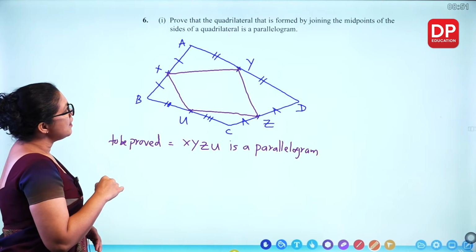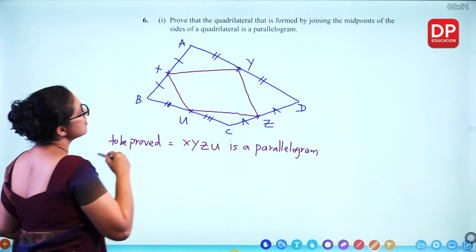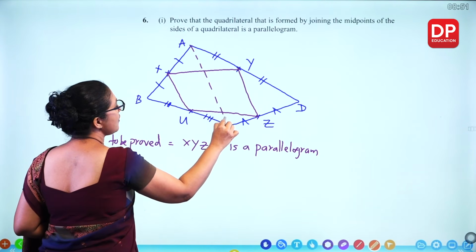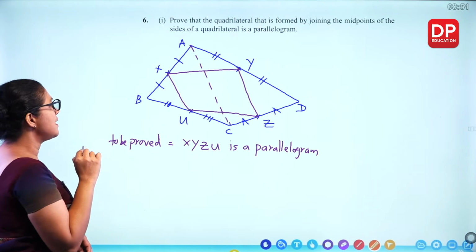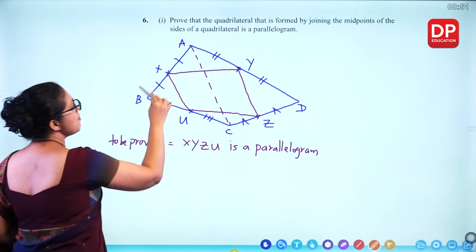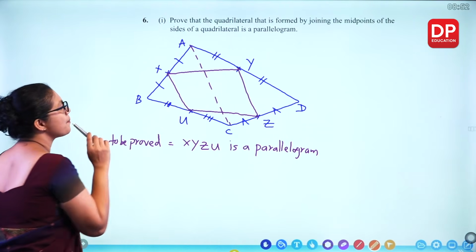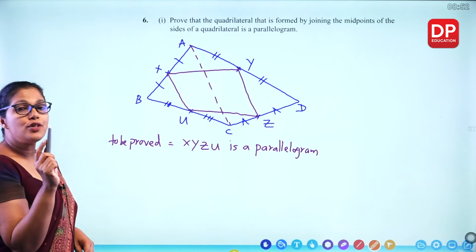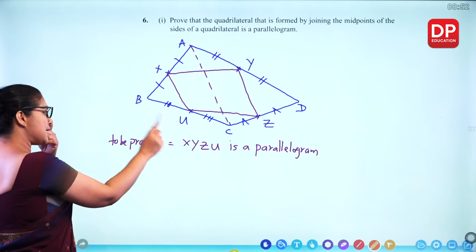Now look carefully. When I construct this line, AC line, join that AC line, what can I say about these two lengths? X is the midpoint of AB and U is the midpoint of BC.